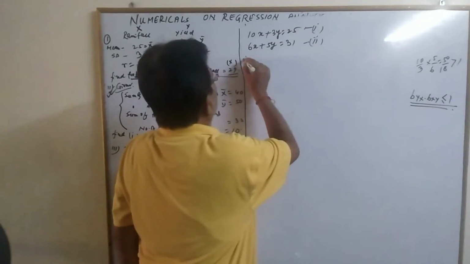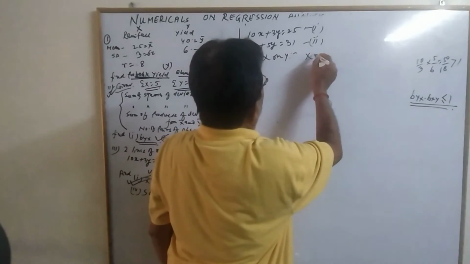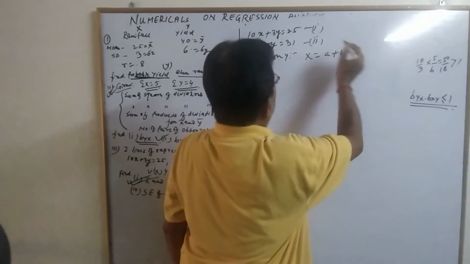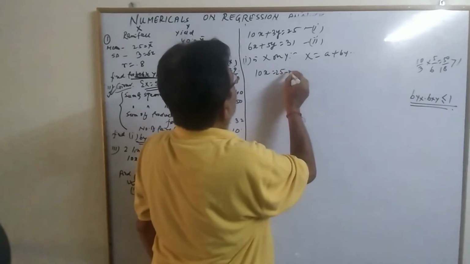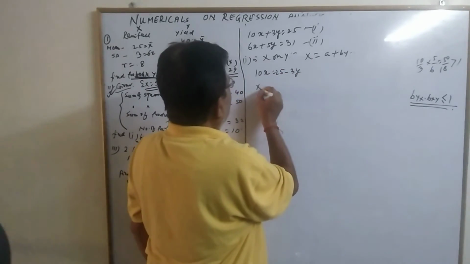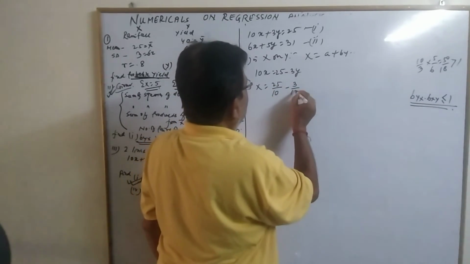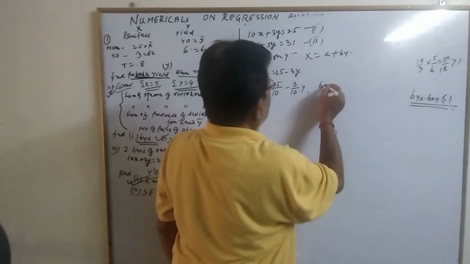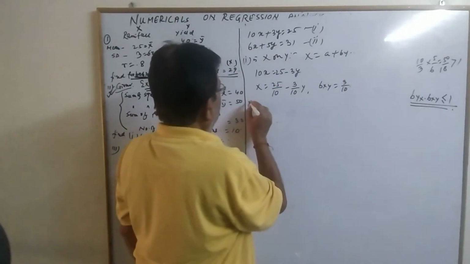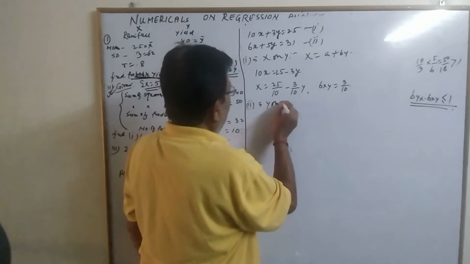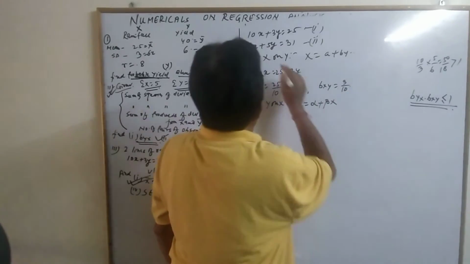So 1 is x on y, and if it is x on y, then a plus by, this is 10x is 25 minus 3y, hence x is 25 by 10 minus 3 by 10y. Hence bxy has come out to be 3 by 10. And so definitely equation 2 is y on x, which needs to be arranged in this way.